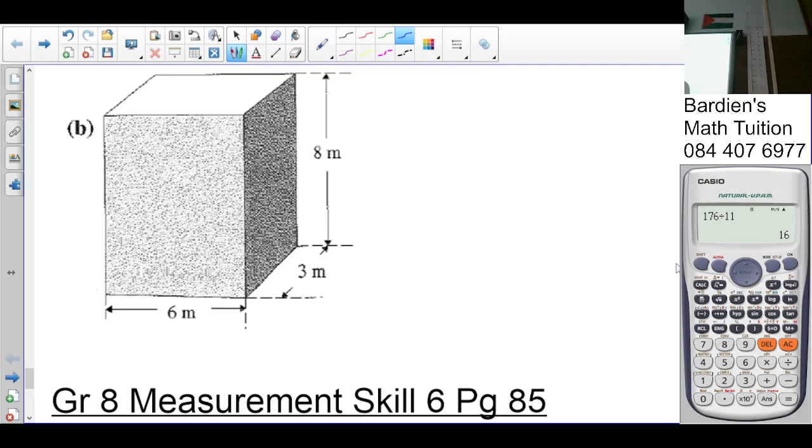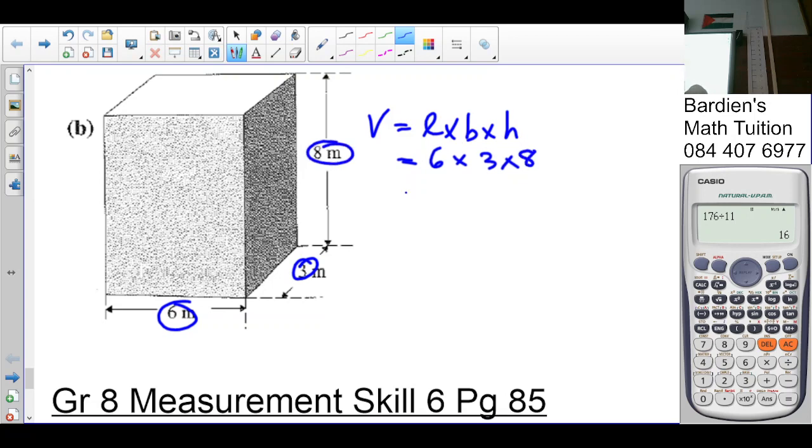Again, it's a box, so the volume is going to be length times breadth times height. What's the length? 8, times the breadth, 6, times the height, 3. 8 times 6 is 48, not so? Times 3 is 144.